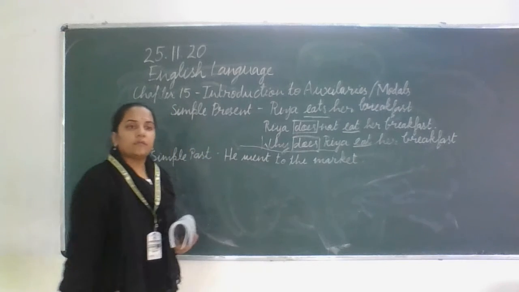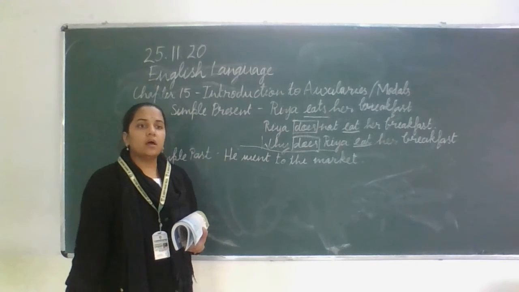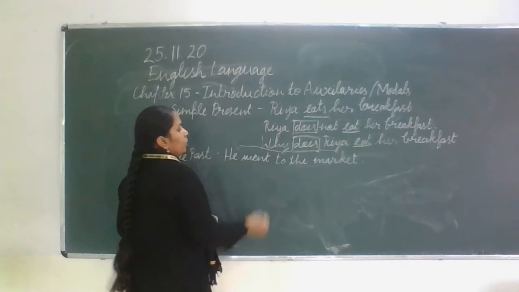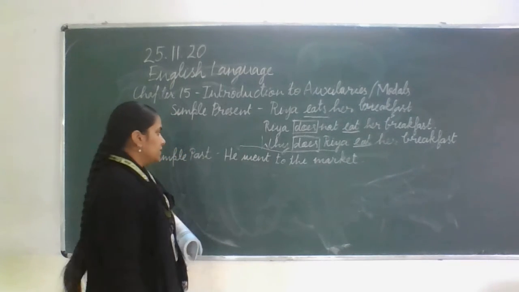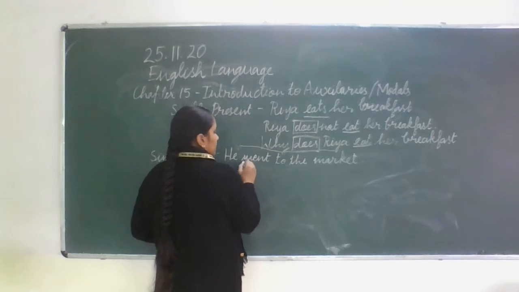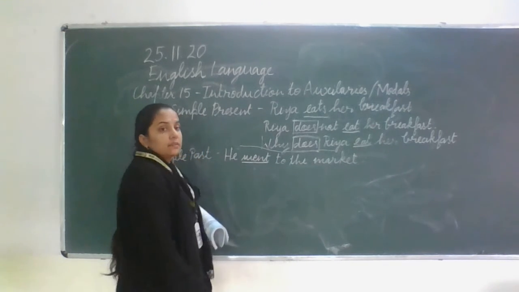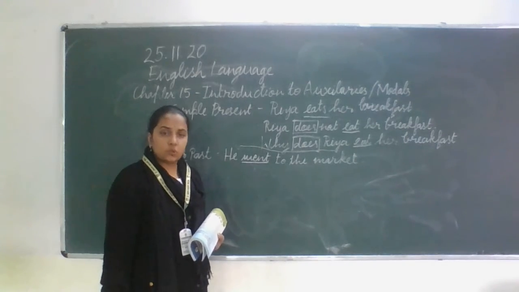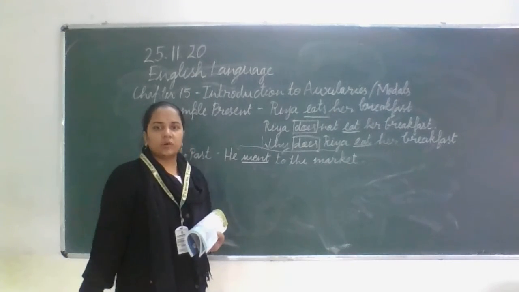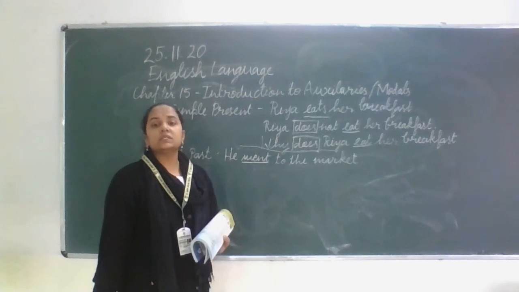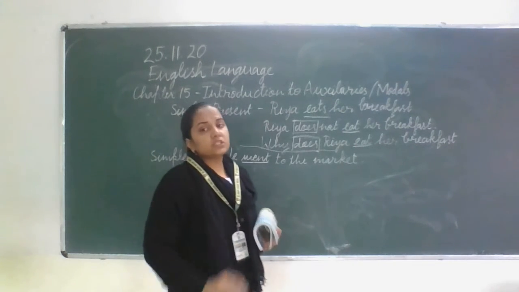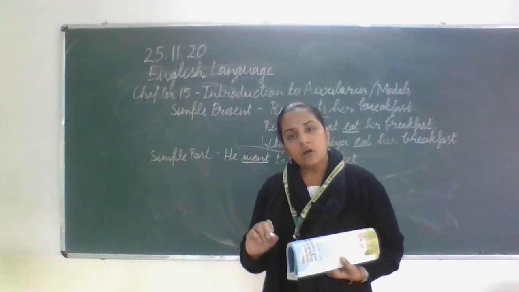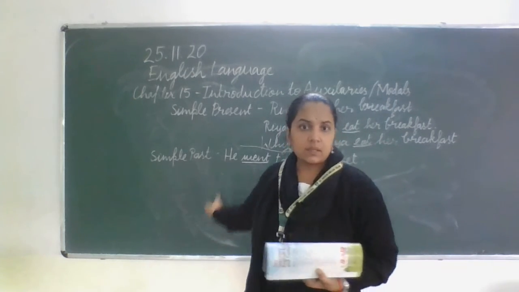Now, this is the affirmative sentence of the simple past tense. He went to the market. Now, went is the past form of the verb. The first form or the base form is go. Went is the second form of the verb. We use this and the sentence is complete. We did not use any helping verb or auxiliary verb in the sentence.